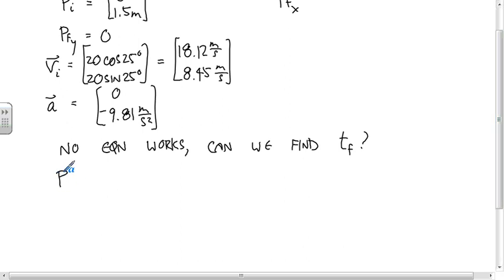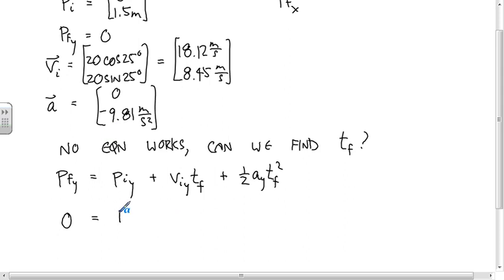So we can use this equation. PFY is equal to PIY plus VIY TF plus 1/2 AY TF squared. So 0 is equal to 1.5.